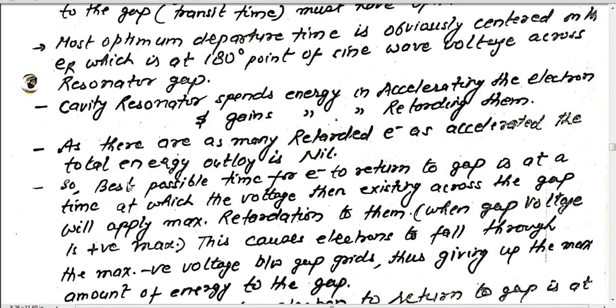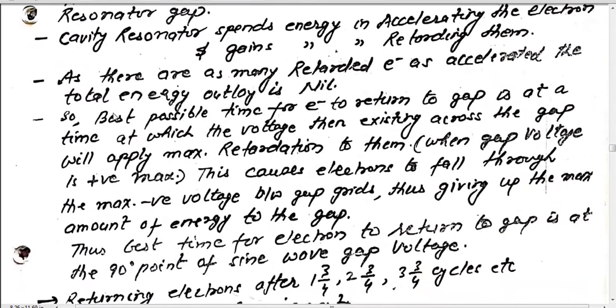Total energy outlay is nil. So the best possible time for electrons to return to the gap is at the time at which the voltage then existing across the gap will apply maximum retardation to them.